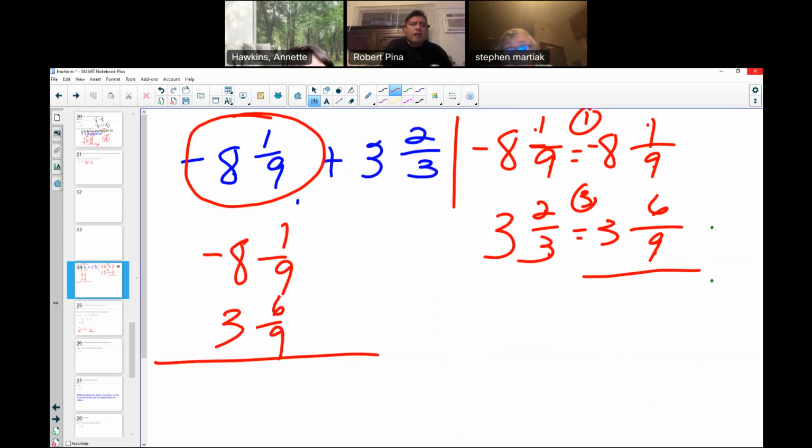Because see, this is negative and this is positive. And so we're working with signed numbers. When we work with signed numbers, we found that we forget about the sign until the end and we just subtract. But I can't subtract. So what do I do?